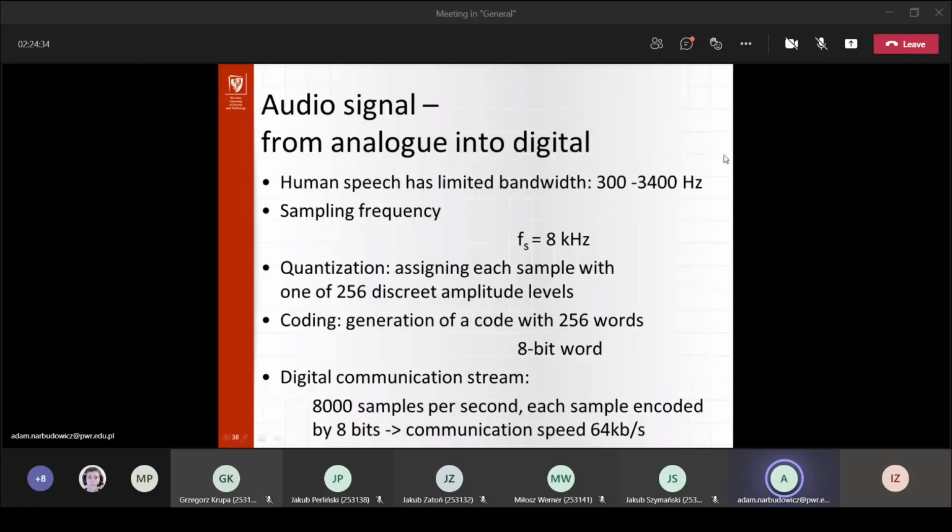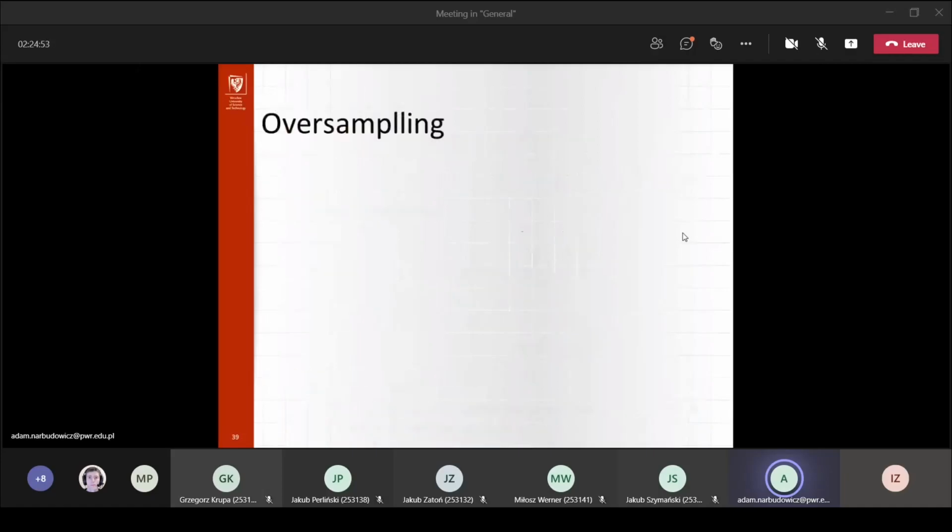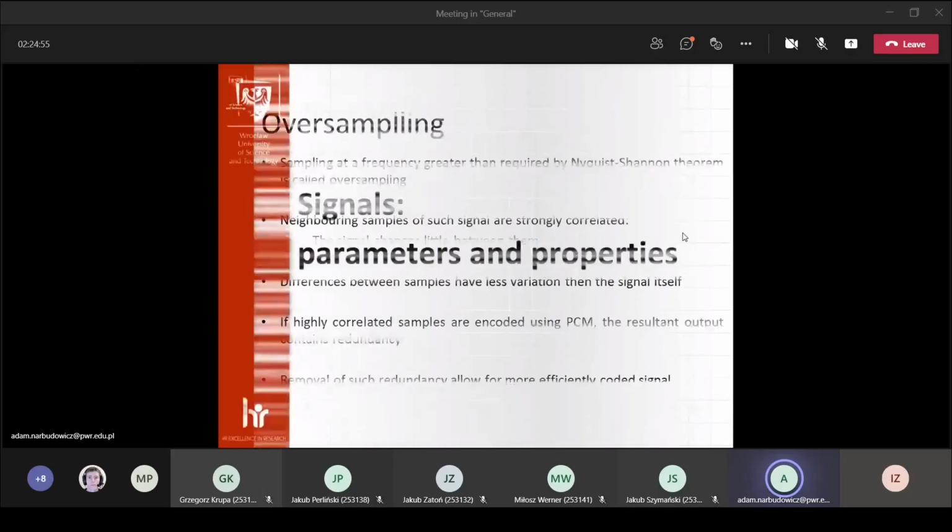However, we are still transmitting the same information, right? So the required communication stream increases, but again, it's still the same signal. There's nothing new, right? So that's the point of efficiency here. Okay. Redundancy.